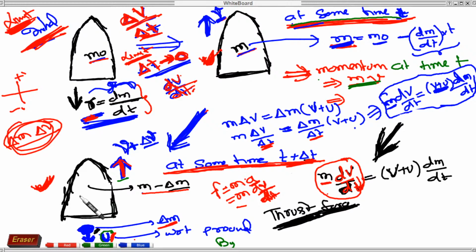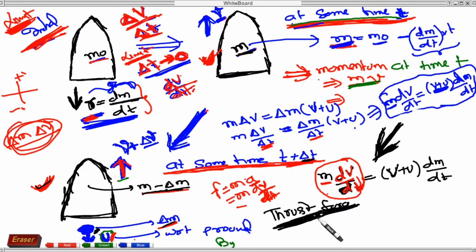Which system? You can see here, at time t the mass was this much, and at time t plus delta t there is a reduction in mass. Here I remove delta m, and this delta m is coming out with this velocity v.